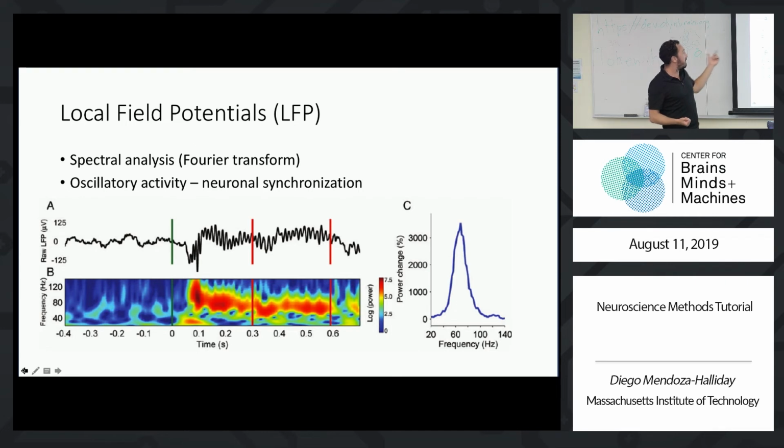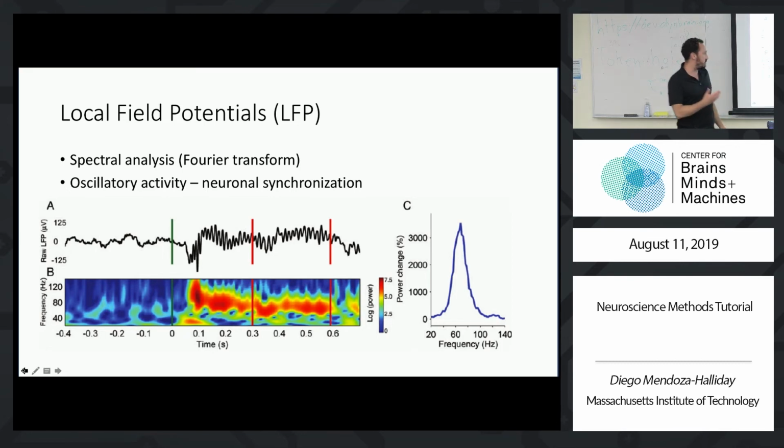The way to analyze the oscillatory activity is to do spectral analysis or a Fourier transform that takes your actual signal or trace and extracts the power of each frequency in a particular range.